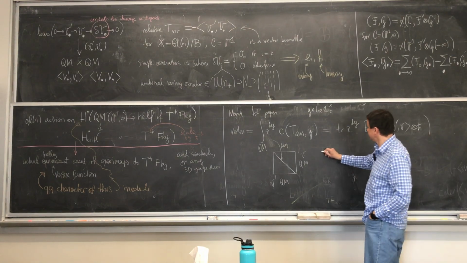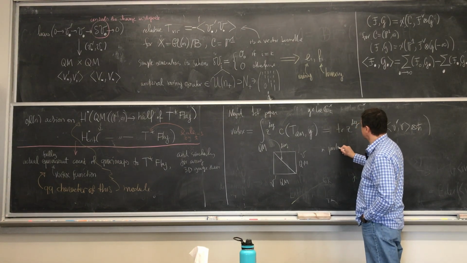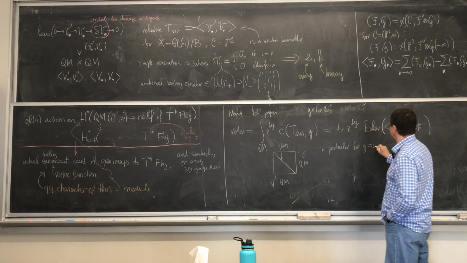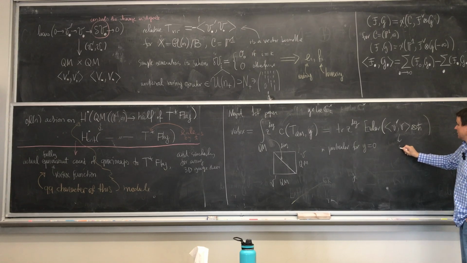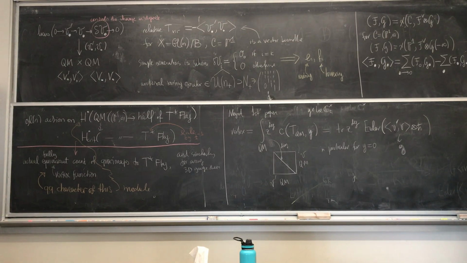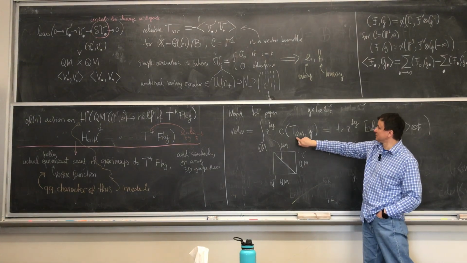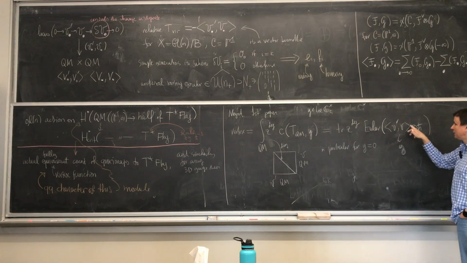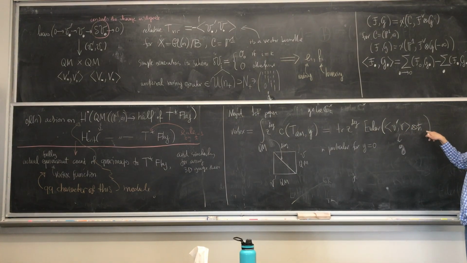So in particular, for y equals 0, this is the Euler class, the same thing. This is the Chern polynomial, the Euler class of a bundle twisted by a current wave.